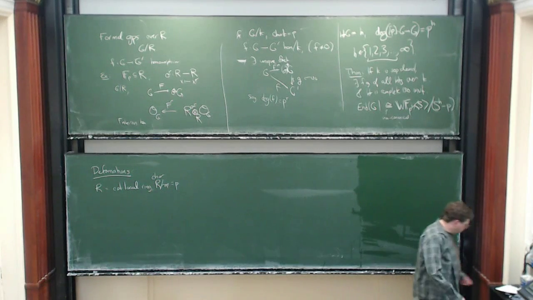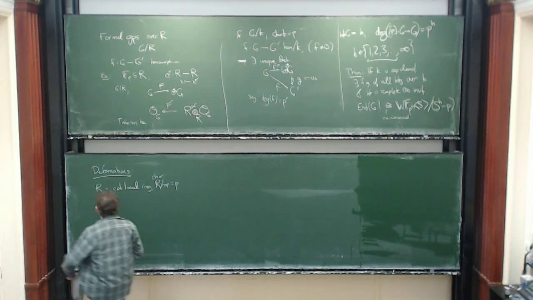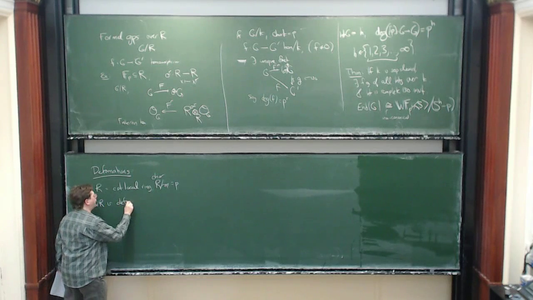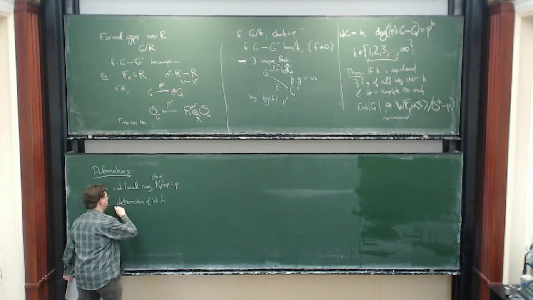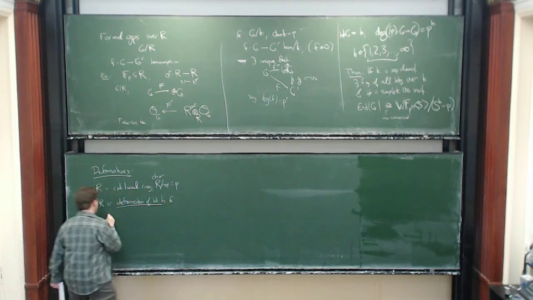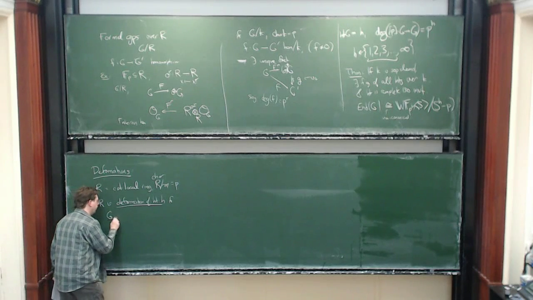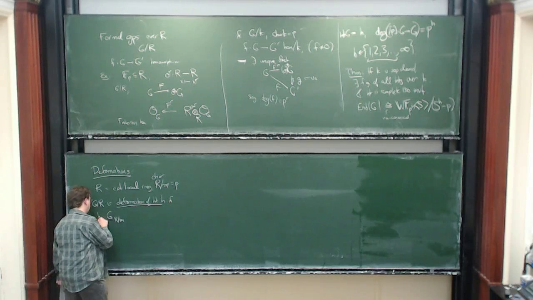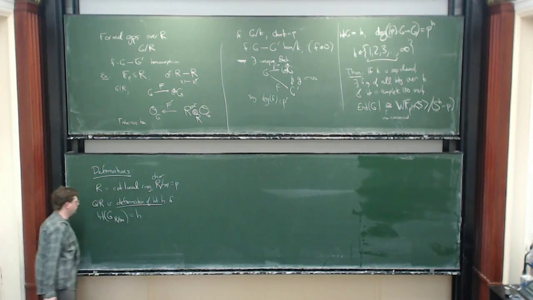So I can talk about formal groups over such a ring, and I'll say it's a deformation of a formal group of height h if I take the formal group over R and I base change to the field, and this is now a formal group over a field, if that actually has height h.